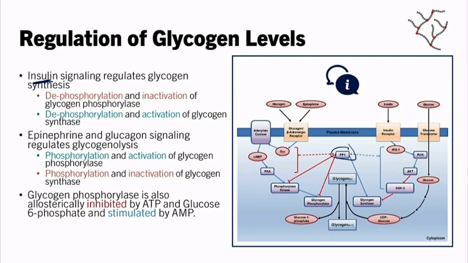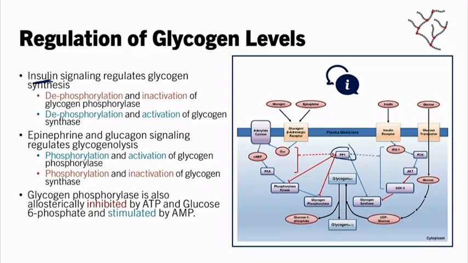Other regulatory mechanisms include allosteric regulation. So remember, the products of a reaction often inhibit the enzyme itself. So glucose, glucose 6-phosphate, and ATP are going to inhibit this process. So when you have lots of energy or lots of glucose 6-phosphate, you're going to inhibit glycogen phosphorylase, signaling the synthesis of glycogen.